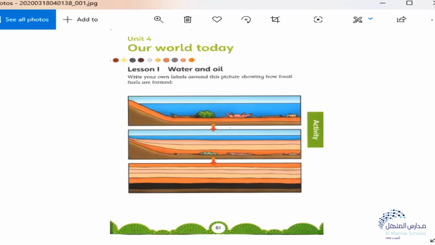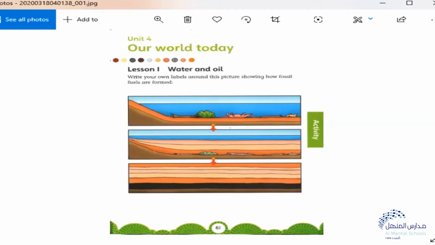In the second part of the picture, a layer of mud and sediment forms over the organic matter. Sediment is a layer of very fine dust.